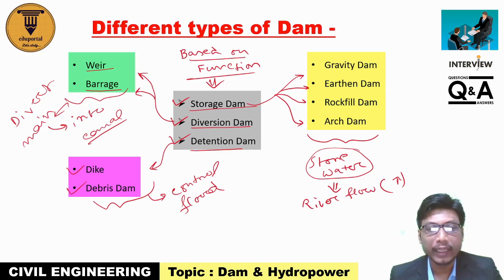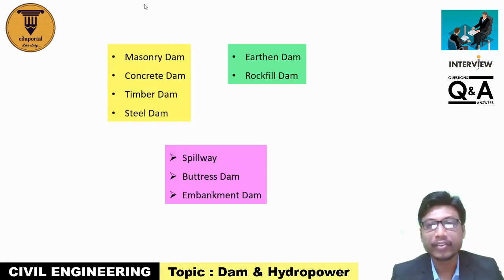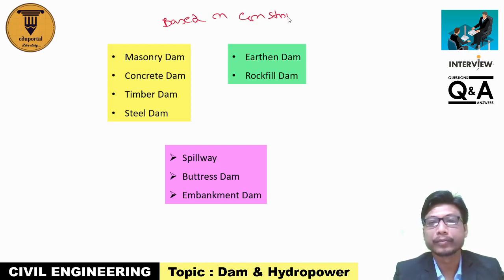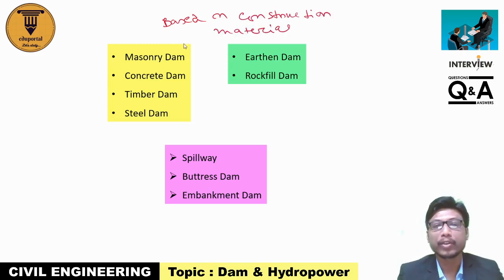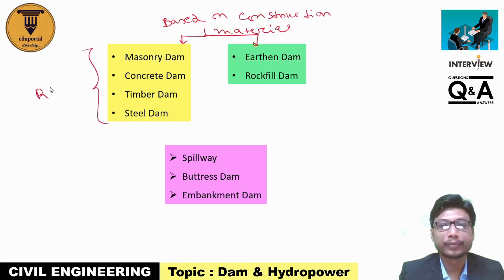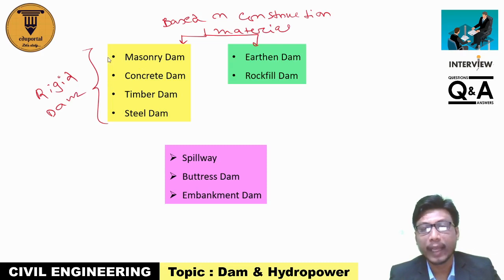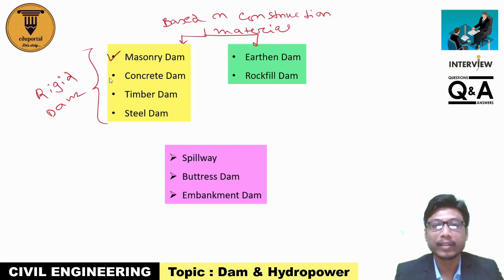Okay, let's move to the next classification. This is based on construction material used. Based on the material used for the construction of the dam, it can be of two types. These are called rigid dams, because these kinds of dams are constructed by using rigid materials like masonry, concrete, timber, steel, etc. So according to the material used, the dams are named as masonry dam, concrete dam, timber dam, steel dam.